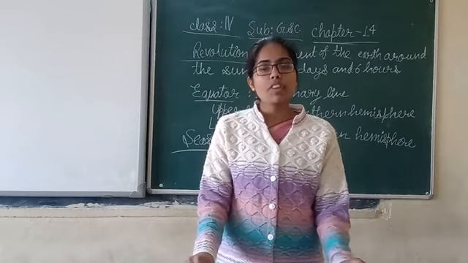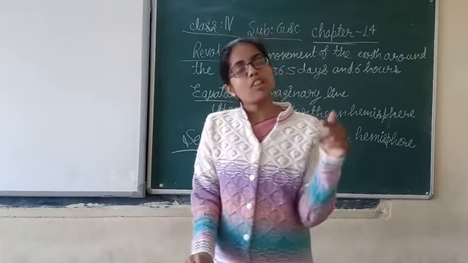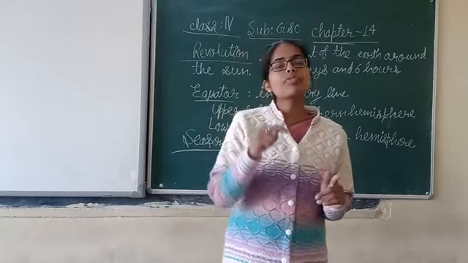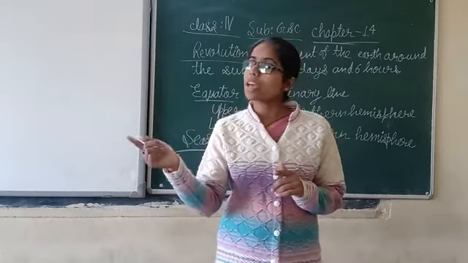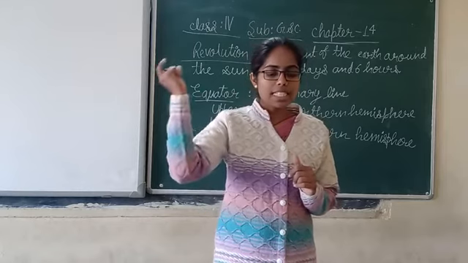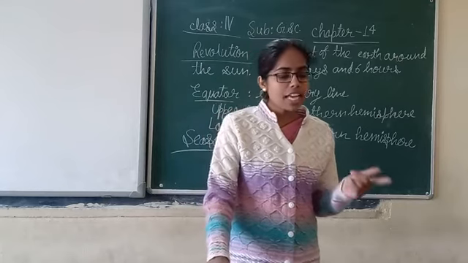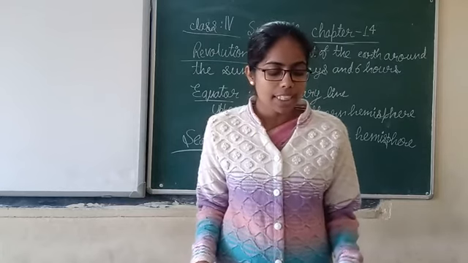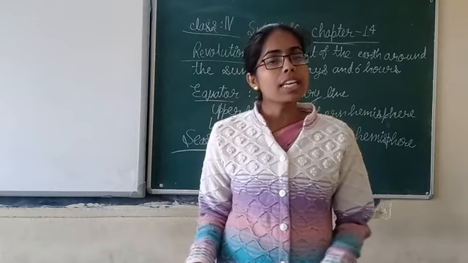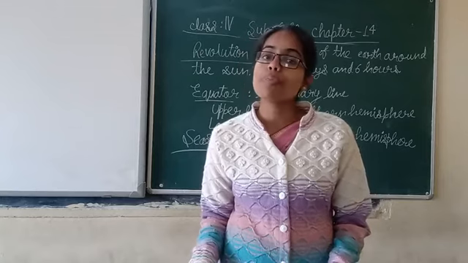Depending on the position of the earth, we know that the earth is moving around the sun and it is slightly tilted. So when it moves, the sun's rays fall directly on either of the hemispheres of the earth, and each hemisphere remains nearer the sun for about 6 months. For how many months?